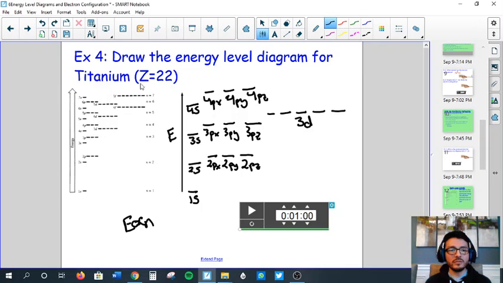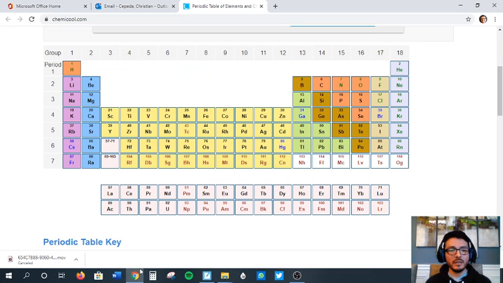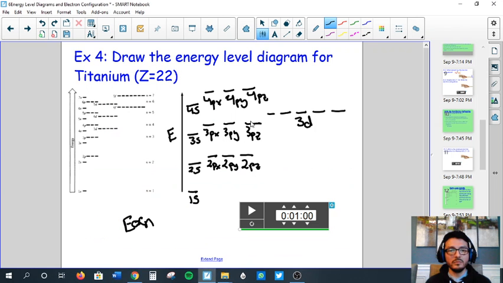Okay, so titanium. Titanium is the 22nd element, so it's 4s2 and then 3d2. So let's start filling in electrons, and all you do to fill in electrons is use arrows. Now you're following the three rules, right? Hund's rule, Pauli's exclusion principle, Aufbau principle.